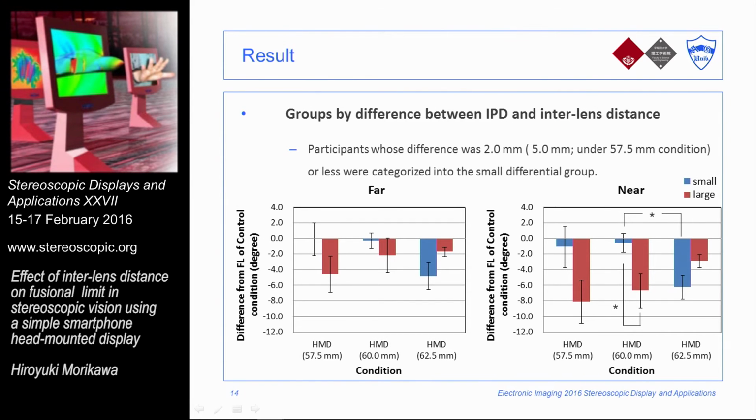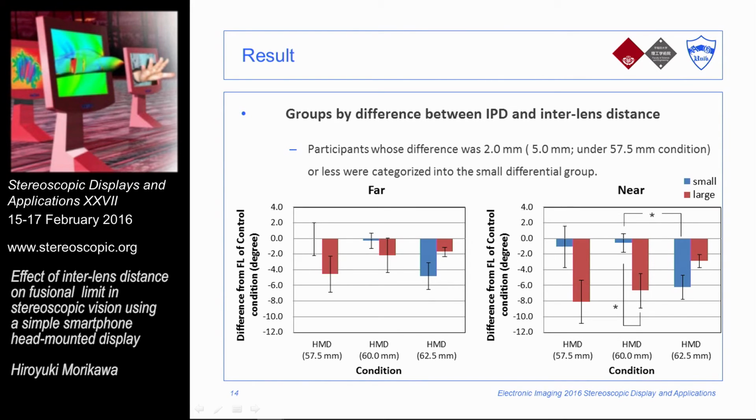Therefore, to examine the interaction between the viewer's IPD and interlens distance, we examined the results focusing on the difference between the IPD and the interlens distance. Participants were divided into groups. Participants whose difference was plus or minus 2.0 millimeters or less were categorized into the small differential group under the 60.0 and 62.5 millimeter conditions.